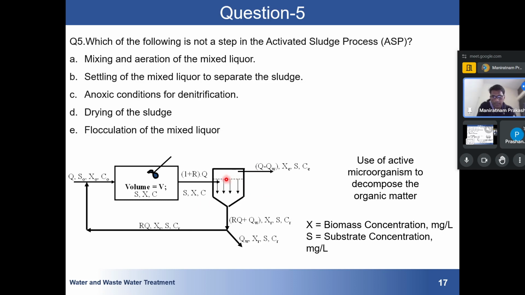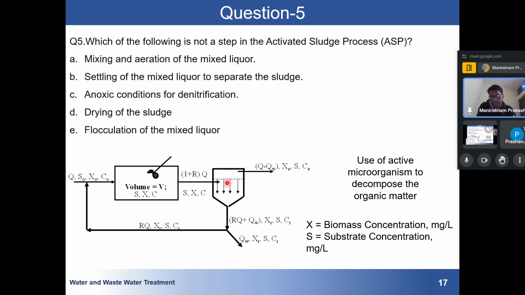Why is the term active microorganism used? Because most of the organisms present here are very active, and they decompose organic matter in a very fast way.